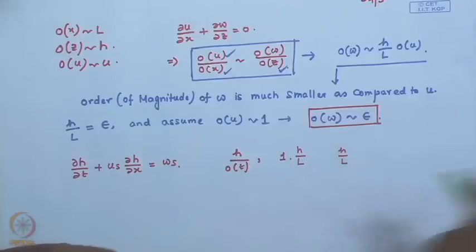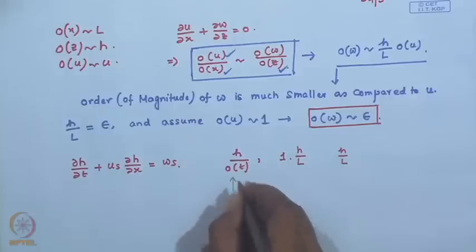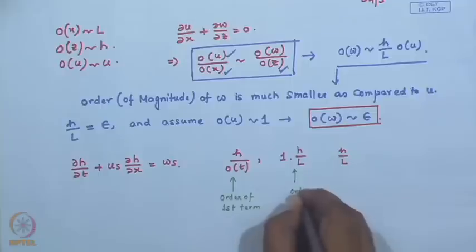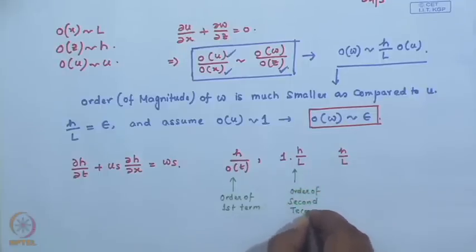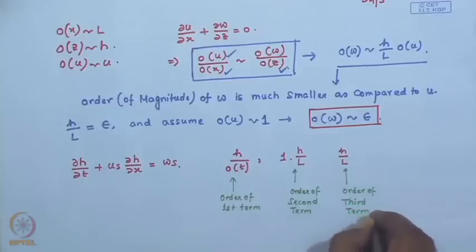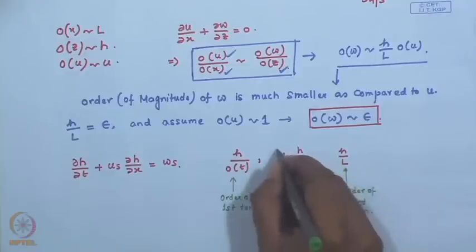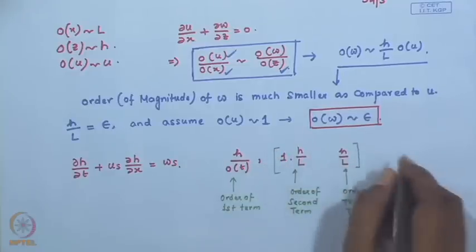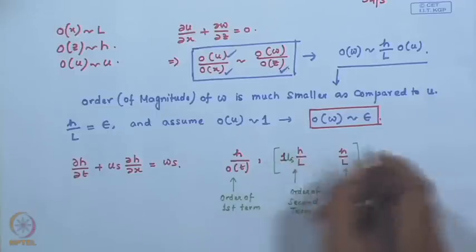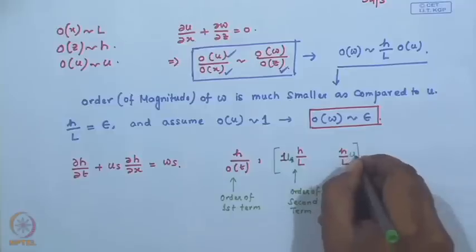So, this is the order of the first term, and this is the third term. So, you can see that the orders of the second and third term, this is u, and u is of the order of 1.